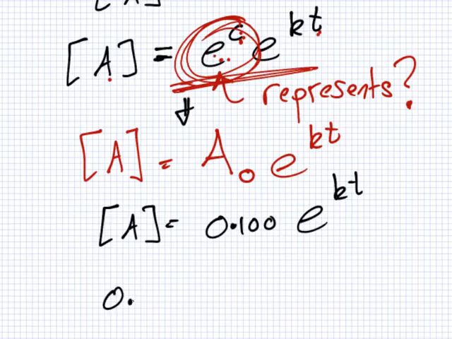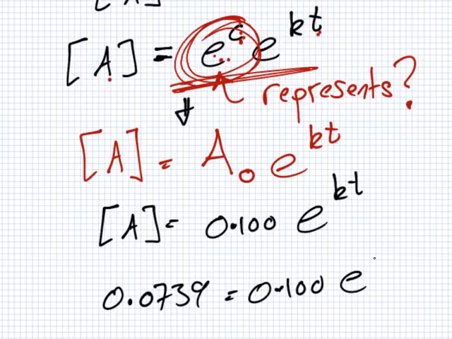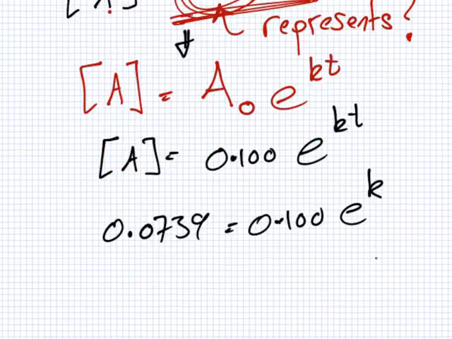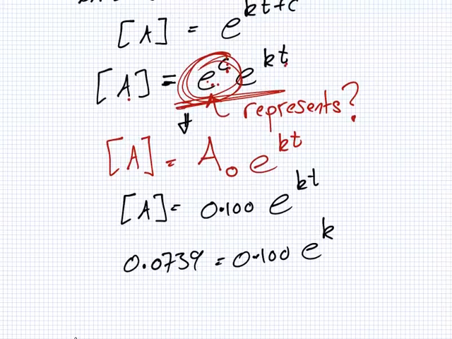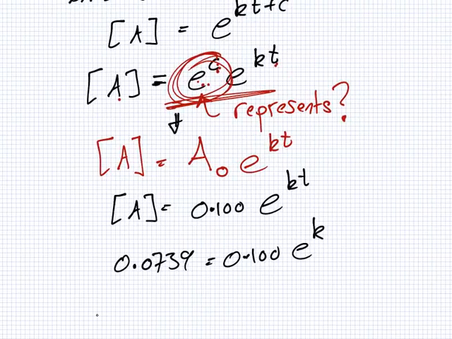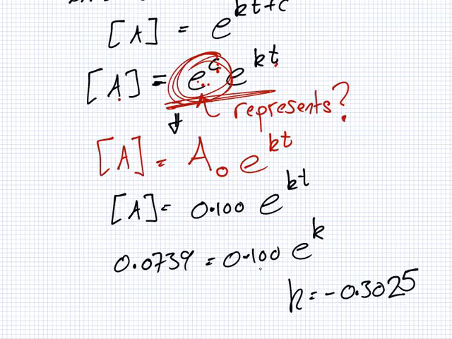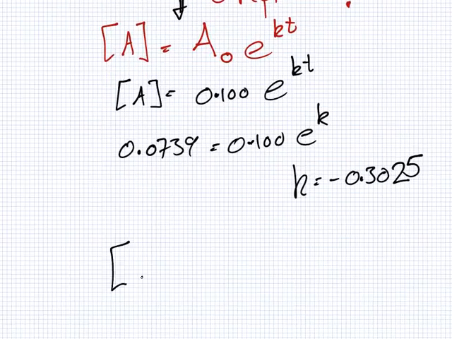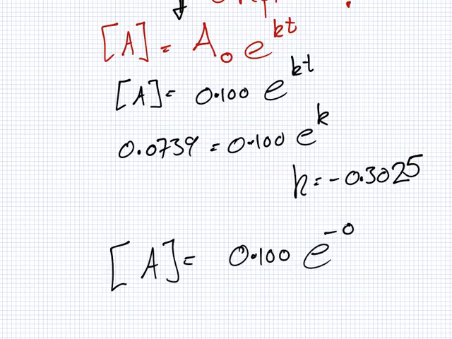So that means I have 0.0739 equals 0.100 e^k. So can we get the k? We sure can. We divide by 0.100. That's all. Yes, of course. So you get k equals minus 0.3025. So now we have our answer. The concentration equals 0.100 e^(-0.3025t).